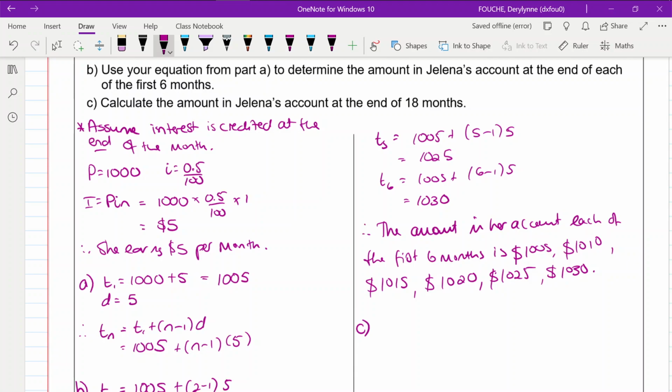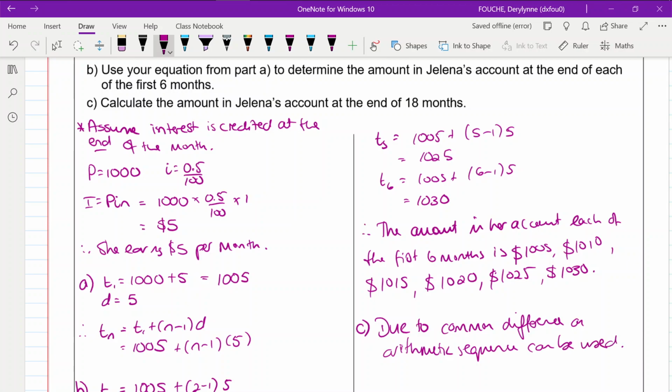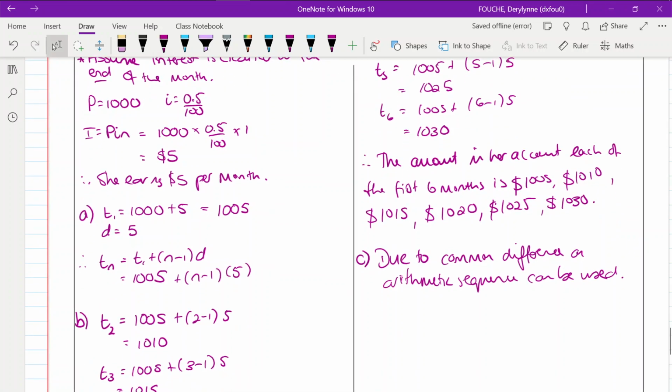All right. Now, calculate the amount in her account at the end of the 18 months. Because I have a common difference, I can use an arithmetic sequence. And because I've set up my term 1 to be the end of the first month, I can go to the end of the 18th month quite easily.